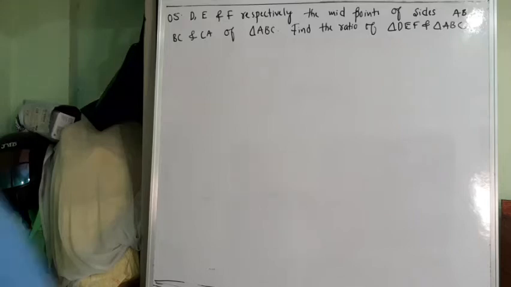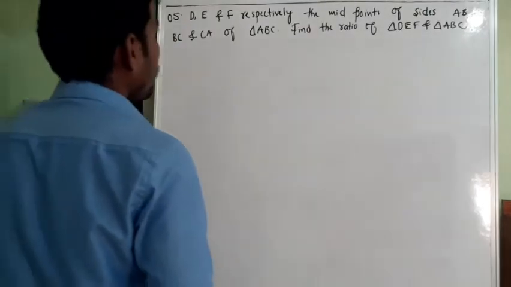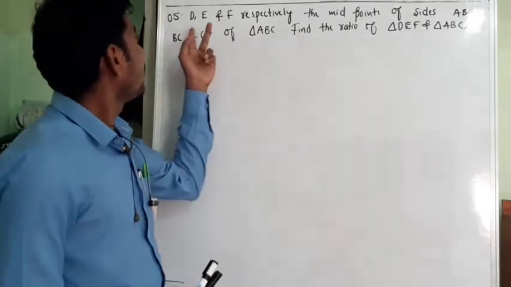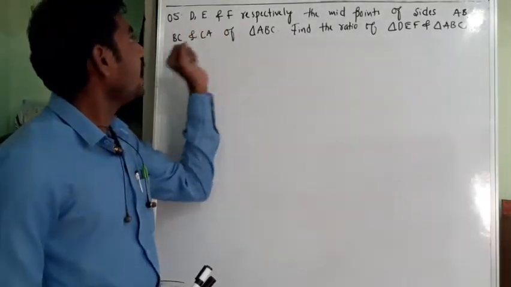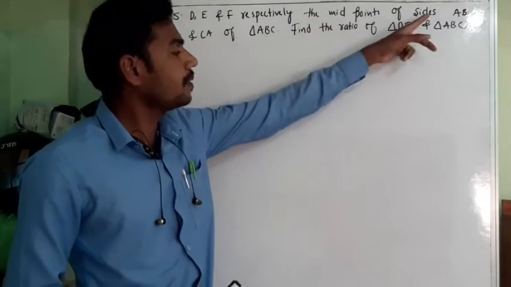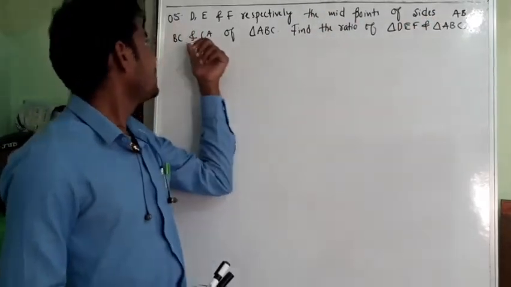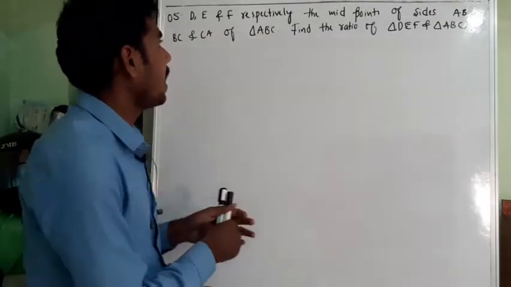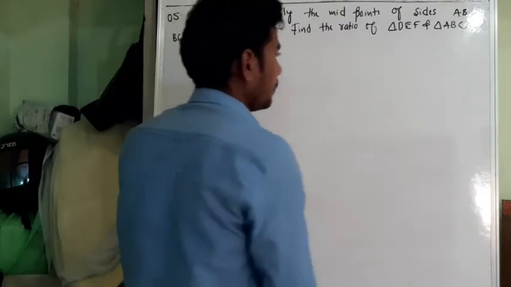Dear students, we'll continue exercise 6.4. In question five, D, E and F are respectively the midpoints of sides AB, BC and CA of the triangle ABC. See, there is a triangle ABC.